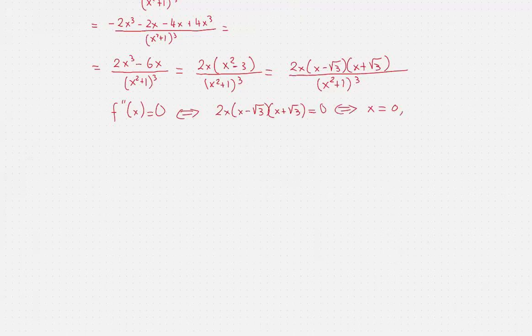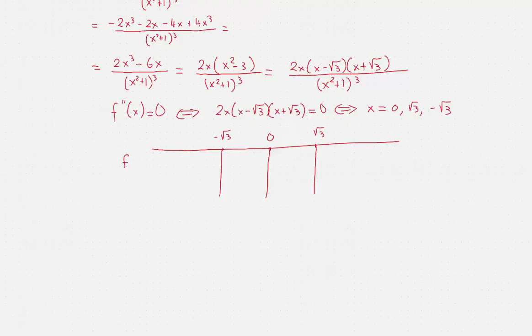So what we're going to do now is what we called a concavity diagram. So we place the three points where the second derivative is 0 in their natural order. And we put two lines right here, one for the information for f double prime and one for f. And we know that f double prime is 0 at each of these points.